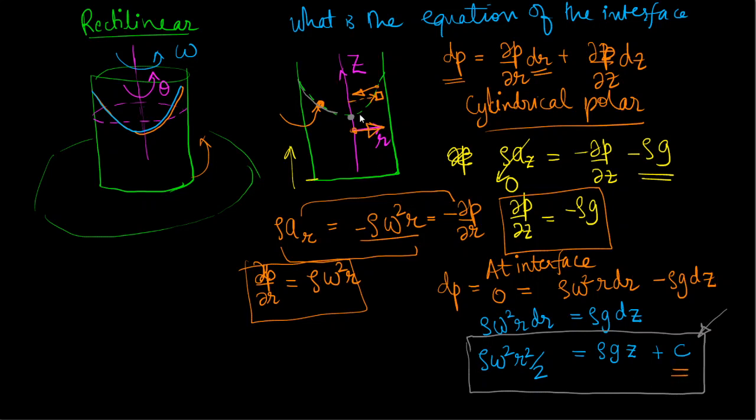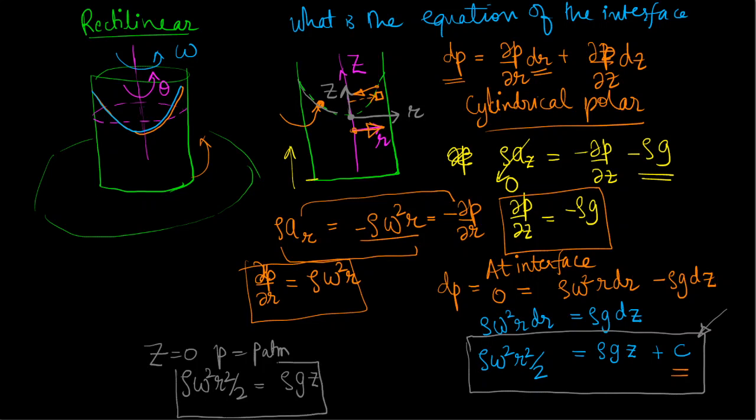So I can very well choose the coordinate system to be something like this, so that z equal to 0 corresponds to the bottom point, and essentially z equal to 0 corresponds to p is equal to p atmosphere. So essentially I can simply make the constant to be 0, and I will have rho omega square r square upon 2 is equal to rho gz, and this is the equation of the interface.